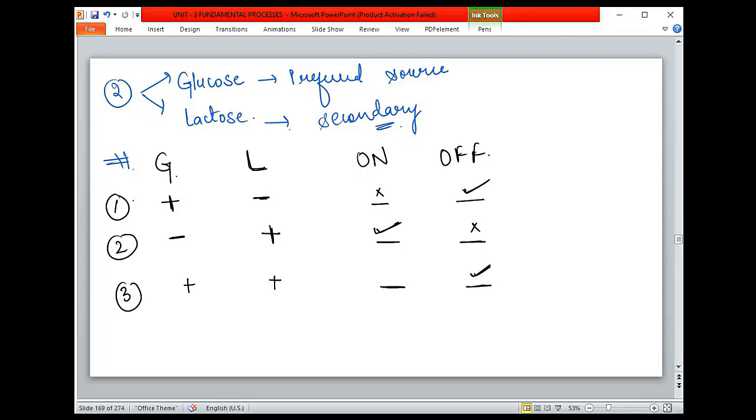Yes, the lac operon is off because the glucose is there. So the E. coli would be having its preferred source first, right?